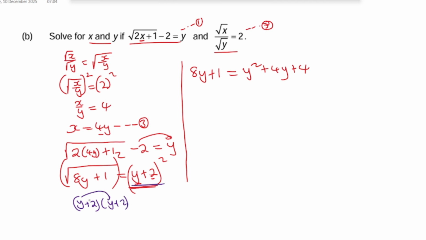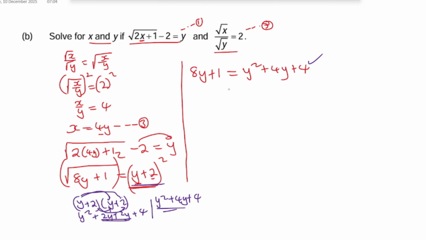Then you do your FOIL. It's going to be y squared plus 2y, plus 2y, plus 4. Then 2y plus 2y is 4y. Then you have y squared plus 4y plus 4, just like this. You see that?